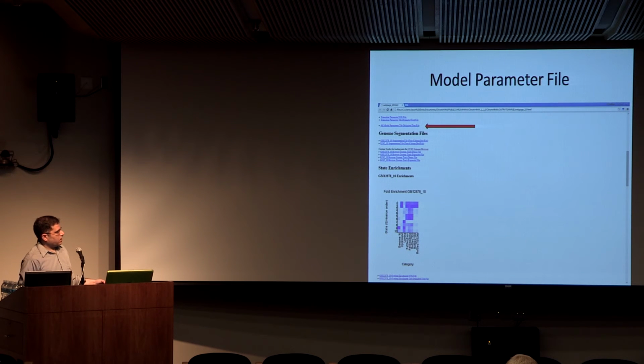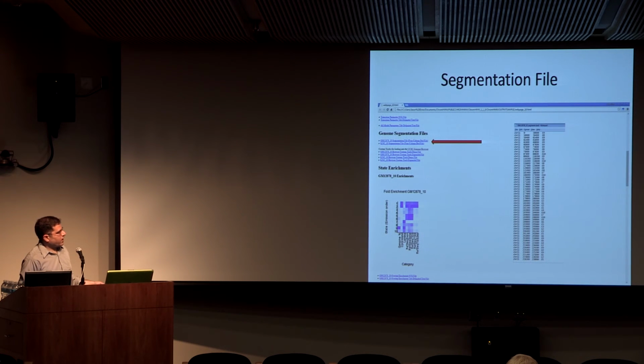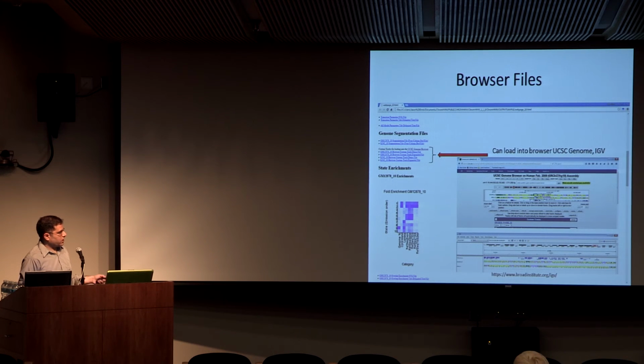And then it has a segmentation file, which you can get in BED format, giving you the coordinates and what state each was assigned to. You can also have it in a format which is more browser-friendly, and you can load it into either the UCSC Genome Browser or the IGV browser.